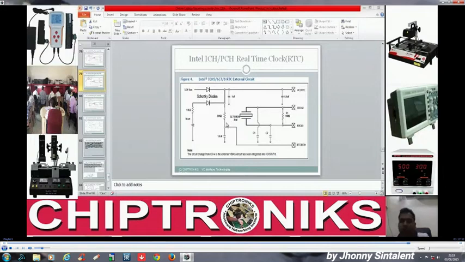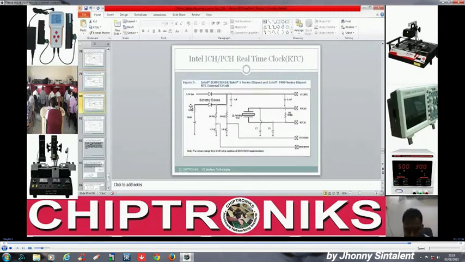Any notebook motherboard having ICH 5678 will implement the RTC external circuit like this.